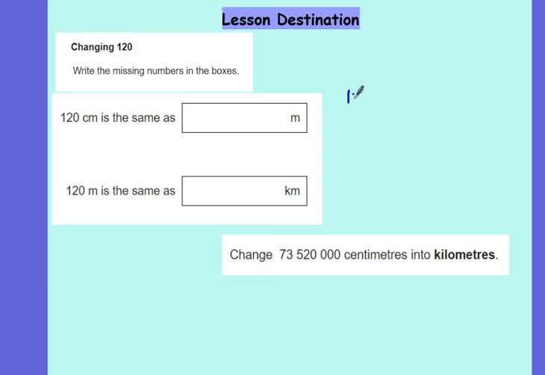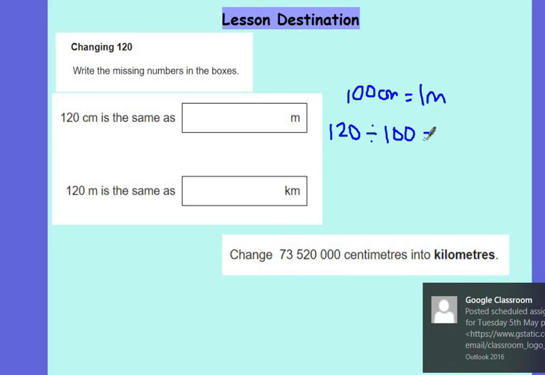Okay, we know that there's 100 centimetres in 1 metre. So to convert from centimetres to metres, we need to do 120 divided by 100, which leaves us with 1.2 metres.